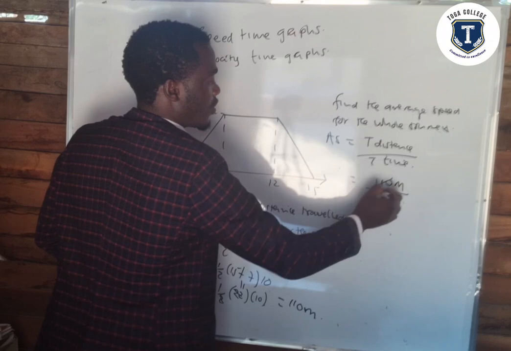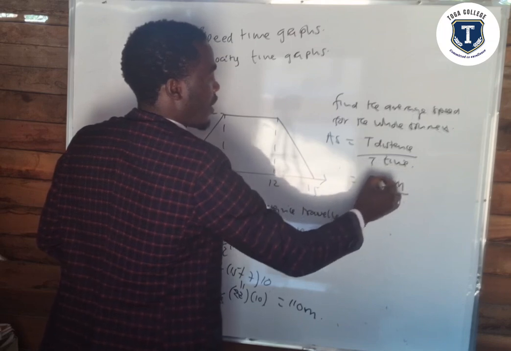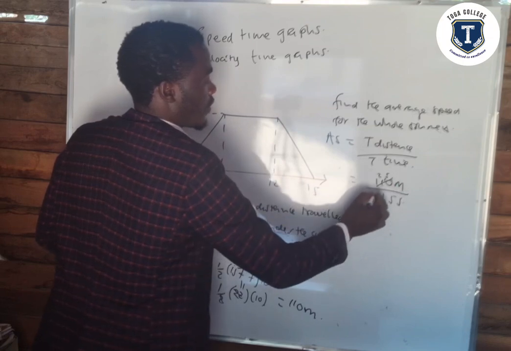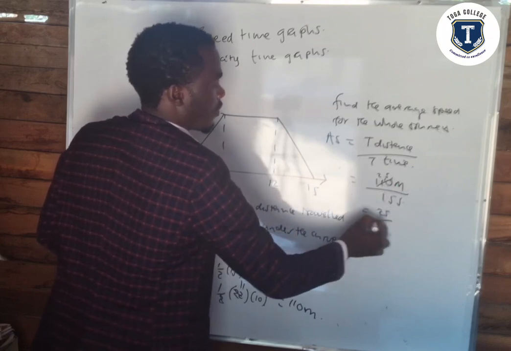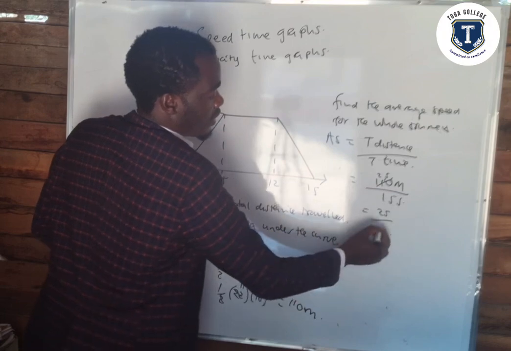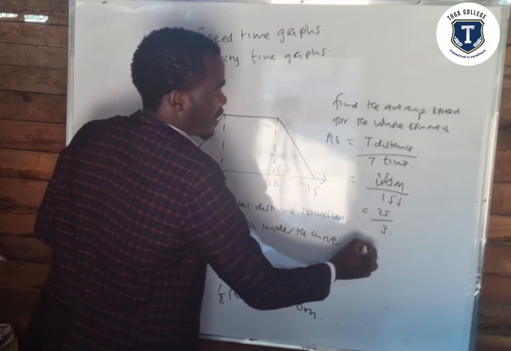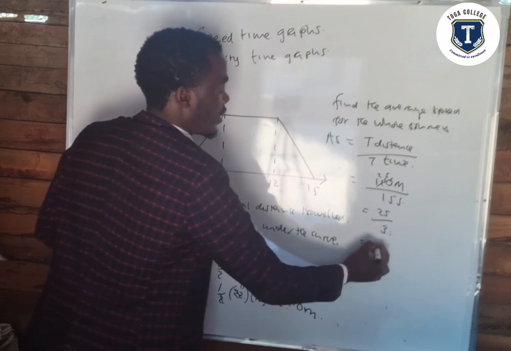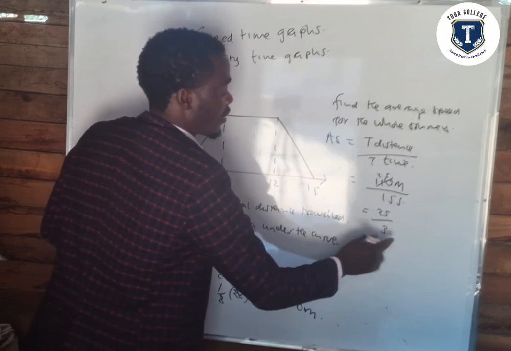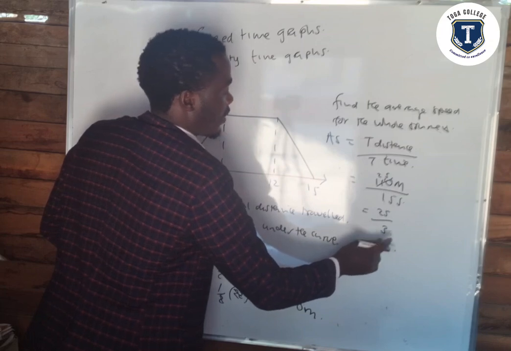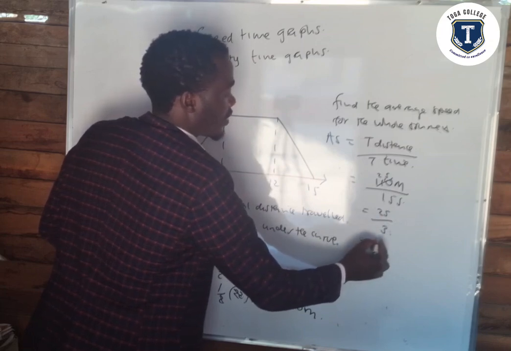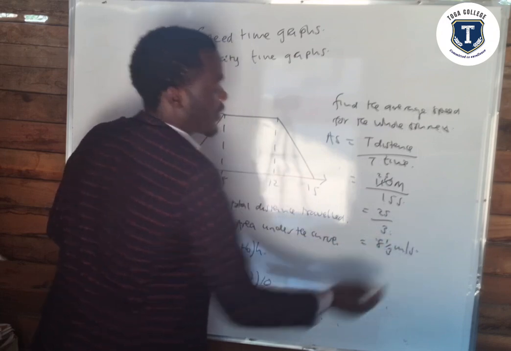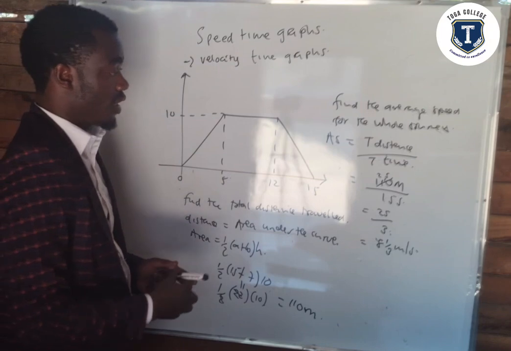Let's reduce this by 5. 5 into 110 is 22, and 5 into 15 is 3, right? So it's easy now. 3 into 22 is 7 remainder 1. So the average speed is 7 and 1/3 meters per second. That's how you find the average speed, right?